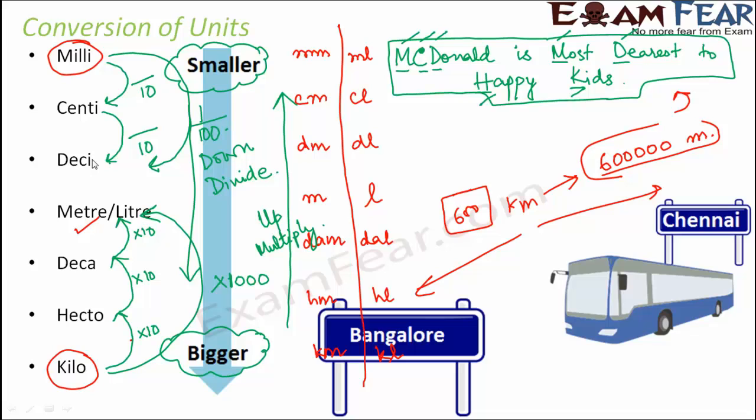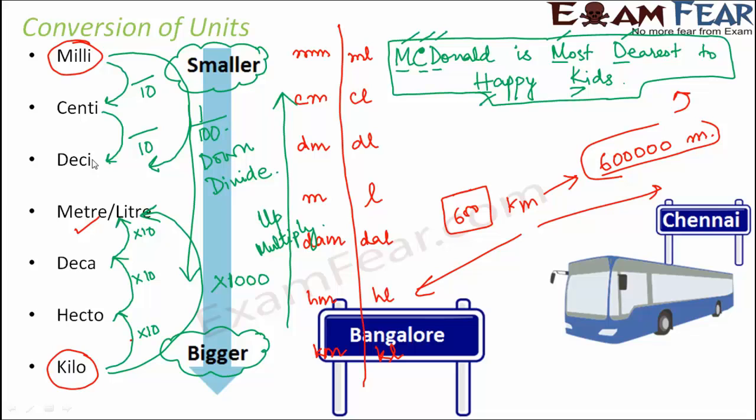So that is the concept of conversion of units, and I hope you will remember this. What are the important points that you need to remember for conversion of units? First thing is, remember the order of the units, and for that you remember: McDonald is the most dearest to happy kids. That is milli, centi, deci, meter, deca, hecto, kilo. Now, whenever you move down, you divide.